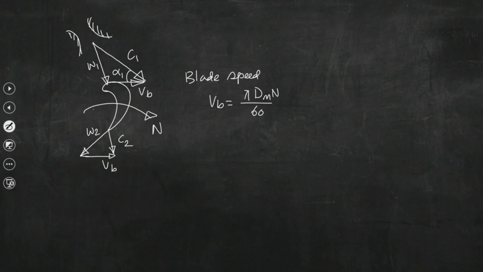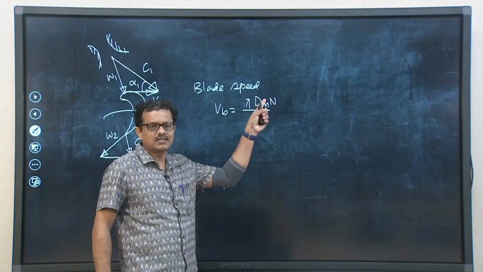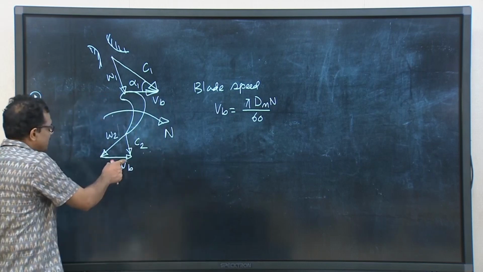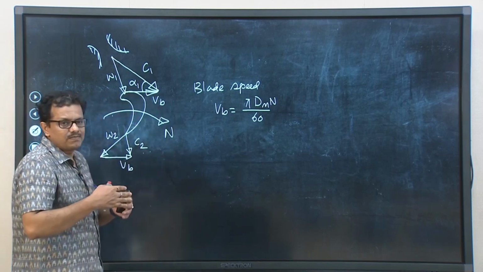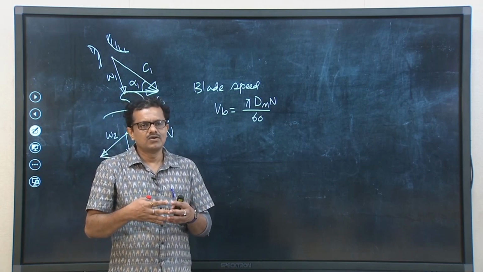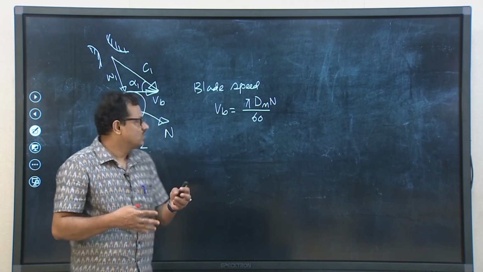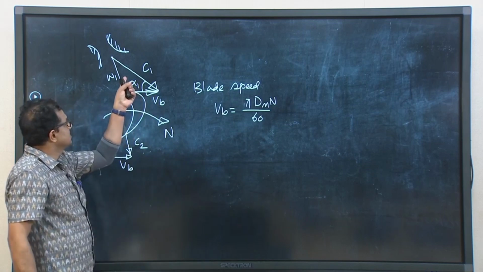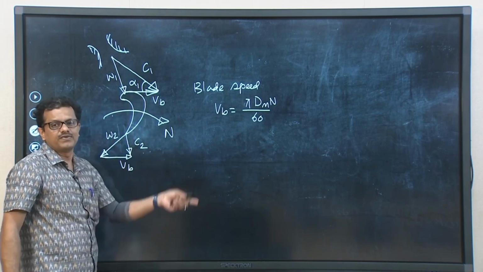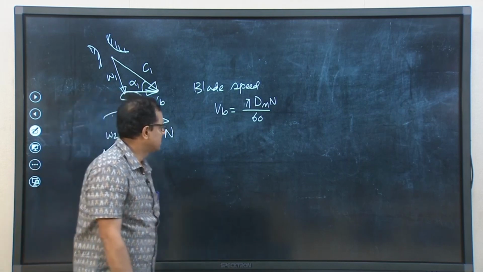We have calculated it based on the mean diameter, and that is why I had mentioned the need of this particular mean diameter. So, the blade speed is the same. Since the blade speed is the same, we can superimpose this inlet velocity triangle and outlet velocity triangle on a common Vb, that is the blade speed.